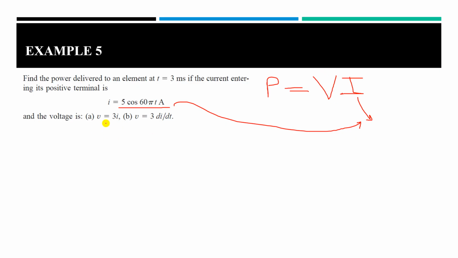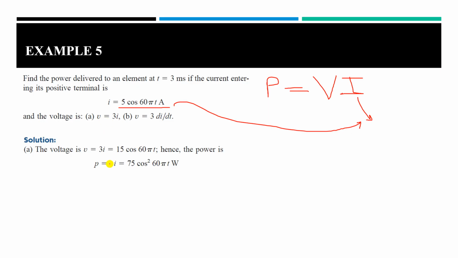In the first case it is 3 times this value, and in the second case it will be 3 multiplied by the derivative of this current. So first we will get the voltage. In the first case, V equals 3I, so 3 multiplied by this current gives us 15 cosine 60 pi t. And the power is equal to voltage multiplied by current.